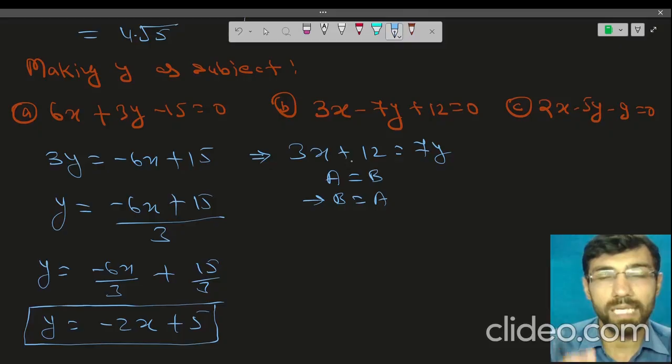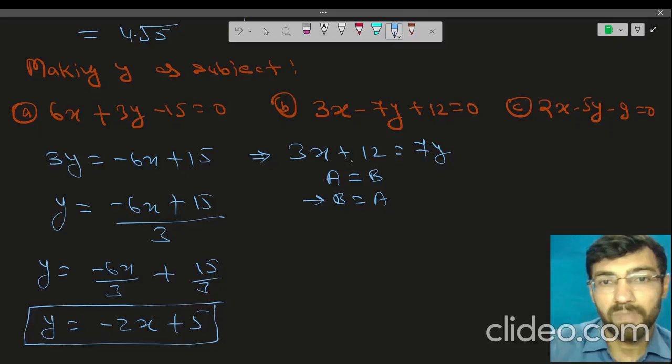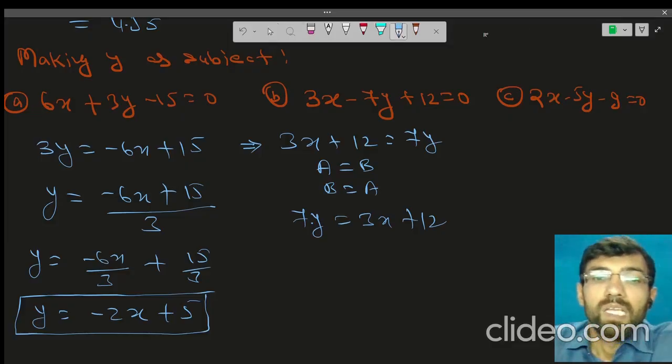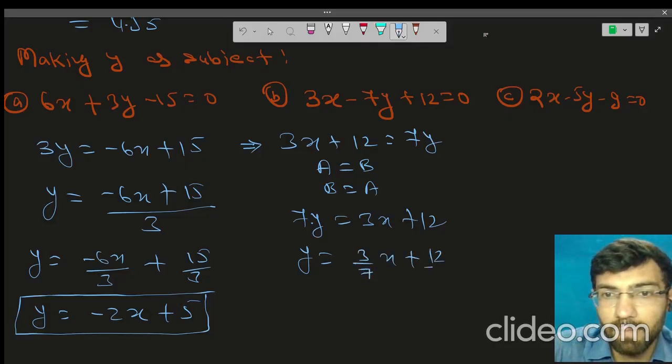So you can move the whole right hand side to the left and the whole left hand side to the right. So this is b equals a, and that way I am writing 7y equals 3x plus 12. Okay. After this, I think the question is quite okay. It is nothing but y equals, you will make it into division, 3 by 7 of x plus 12 by 7.